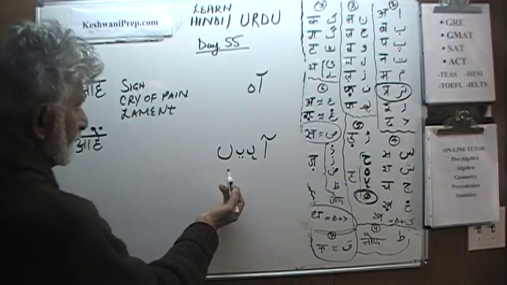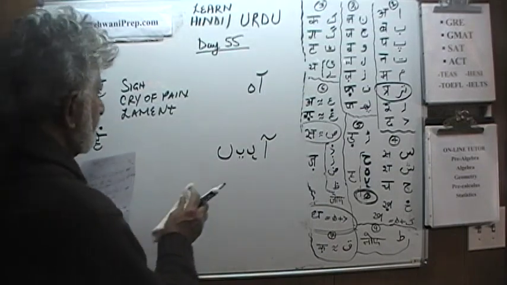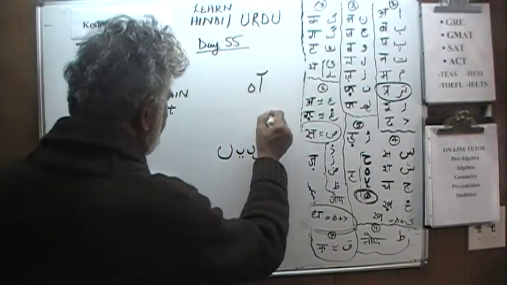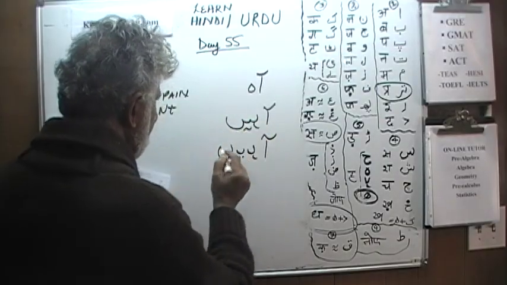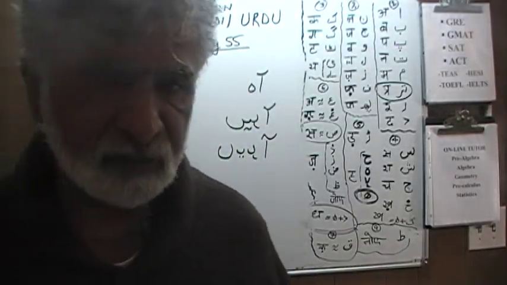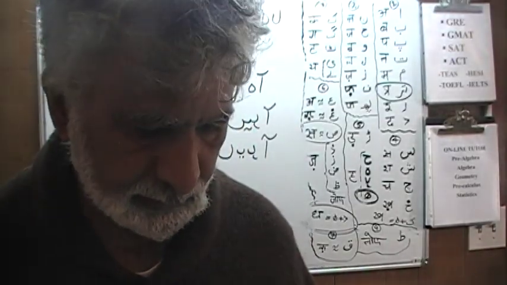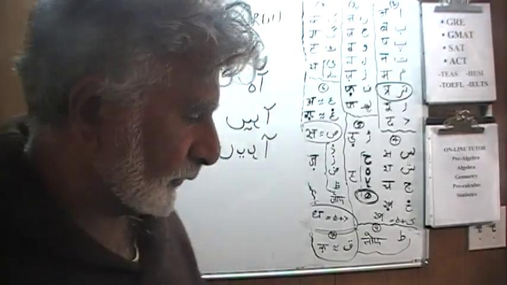When we join them together, it's going to look like this: a, he, ye, and nun gunna. Aahen is the plural. Sighs, cries of pain, lamenting. That's the word we're going to come across in a second. Let's begin our show.